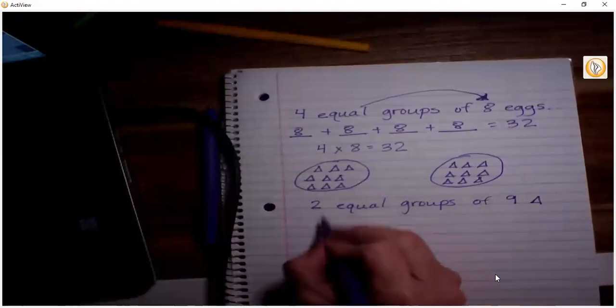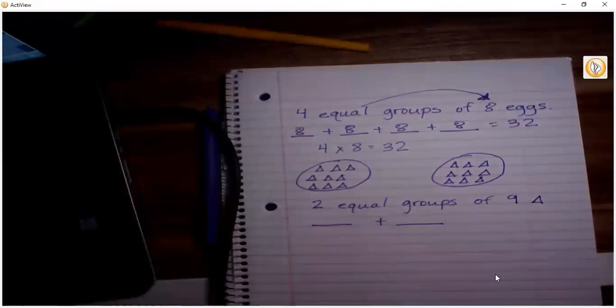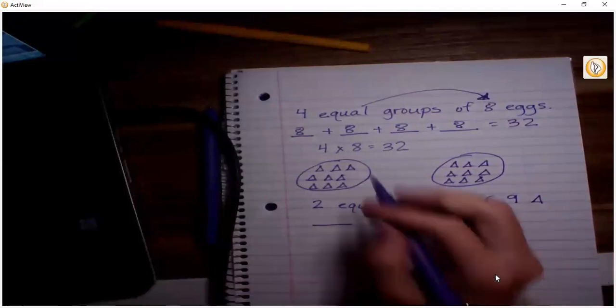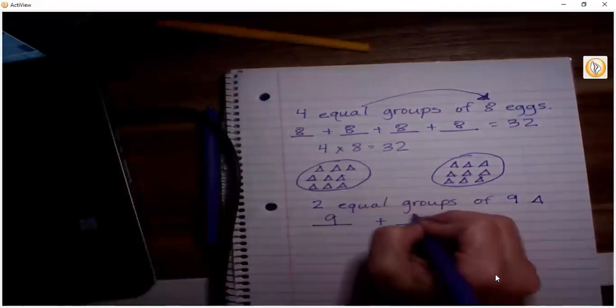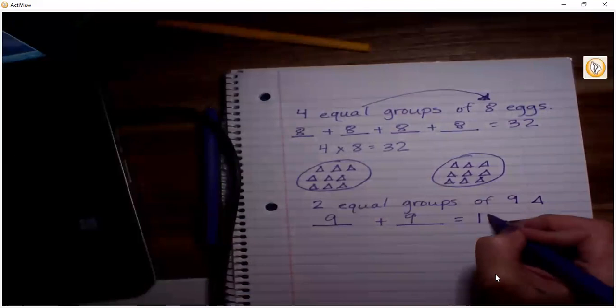So I have 2 equal groups, making my groups, something plus something, there's 2 of them, 1, 2. And what goes inside of them? 9. Let's see, 9 plus 9, I know that fact. It's one of my doubles, 9 plus 9 is 18.